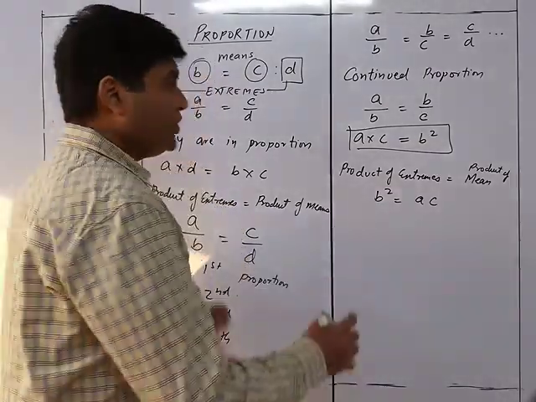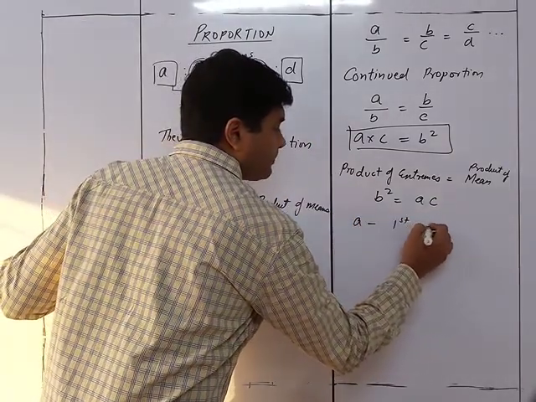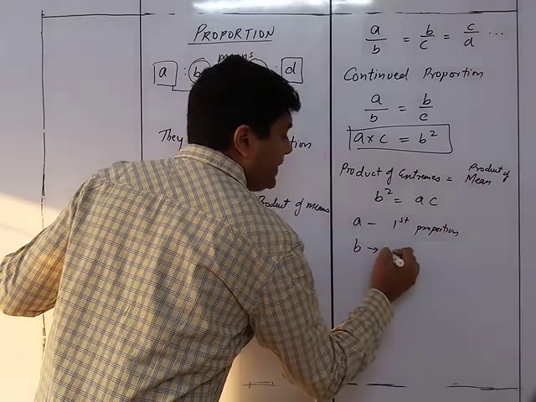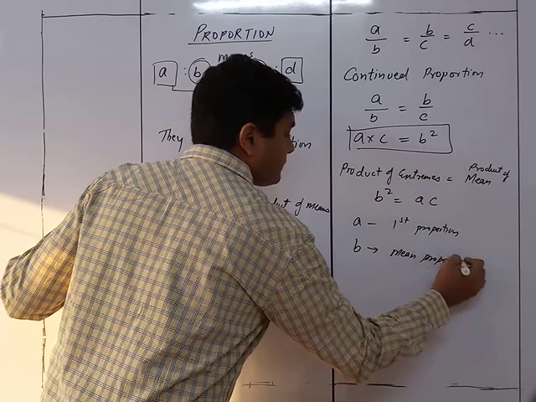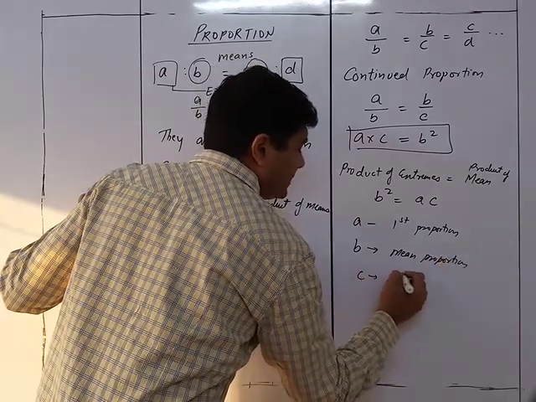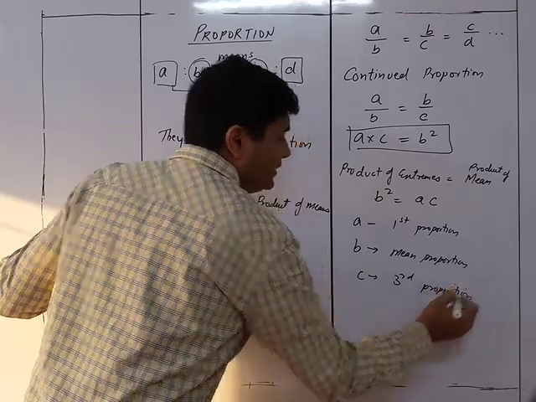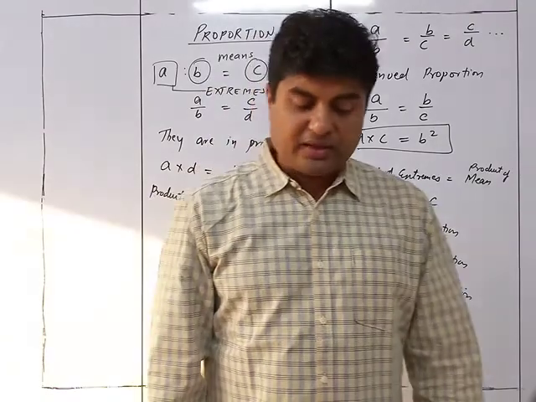In this case, you will find that A is the first proportion, B is the mean proportion, and C is the third proportion. So when you are asked to find out C, you are asked to find the third proportion.